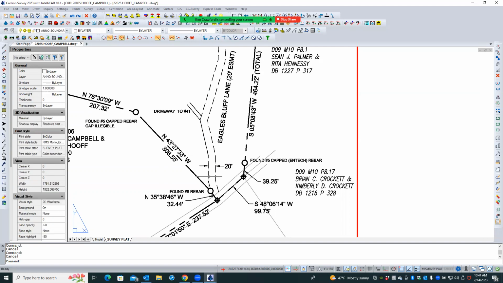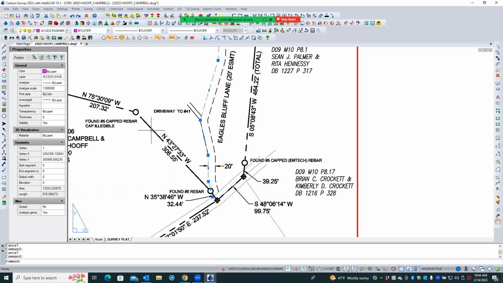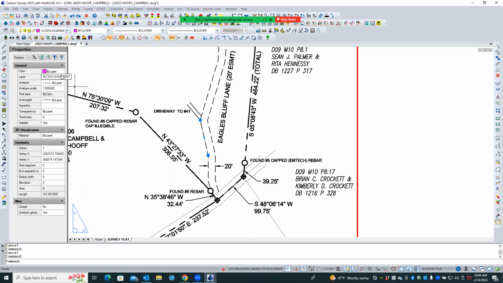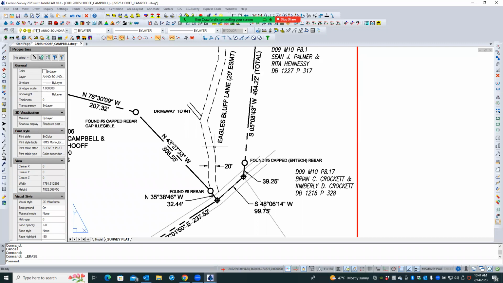Now you see this line here, it's on access easement. You've got another line right here over top of it, a short one, also on access easement. Is that the same thing? Just a duplication? Probably, yeah. Okay, see now your dashes will line up correctly.